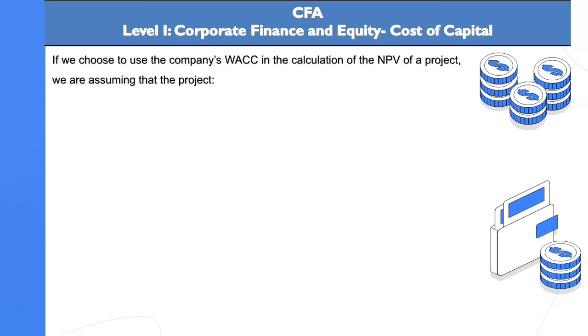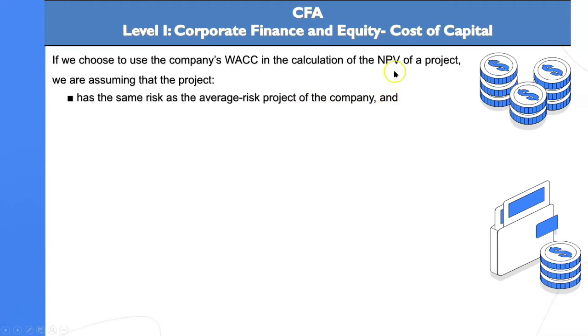The first assumption is that the new project has the same risk profile as the company as a whole, because the weighted average cost of capital is the measure of the average risk for the whole company. So if you use this figure to discount cash flow from a new project, you are assuming that the new project has the same risk as the average risk project of the company. This is the first assumption.